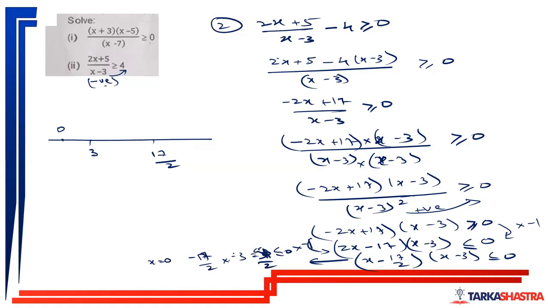Is it less than or equal to 0? No. So this range will not work. This range will work. This range will not be acceptable. So x belongs to 3 to 17 by 2, and these two values are included because we have the equal to sign.